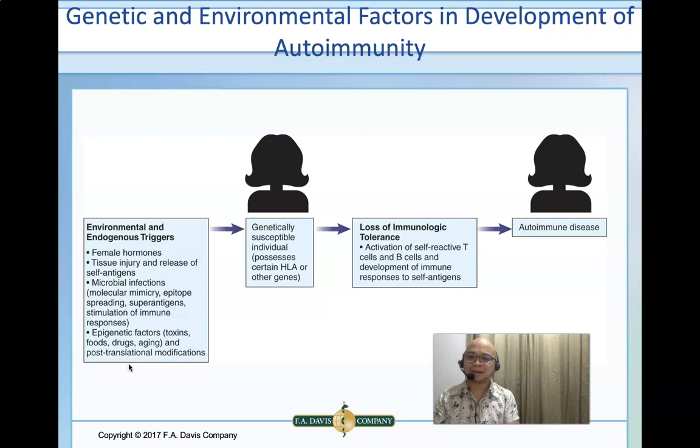When we speak of female hormones, do you know that women are 2.7 times more likely to acquire autoimmune disease than men? In fact, about 78% of patients with autoimmune diseases are of the female gender. So yes, there's a gender predisposition.